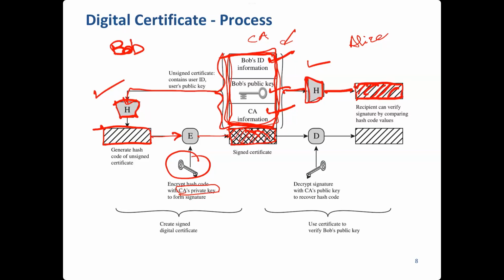Then she will look at the signature and decrypt it using the CA's public key, and she will get this code. If both are the same, then all this is genuine, including Bob's public key. So that's the process.